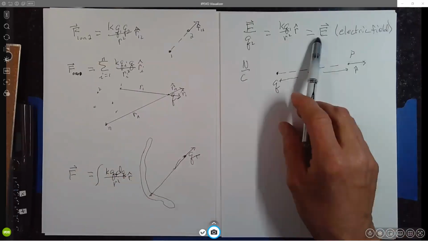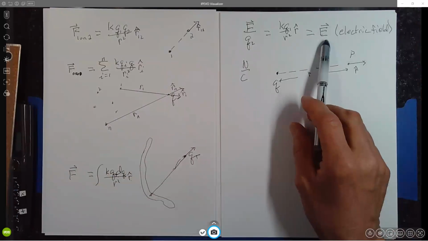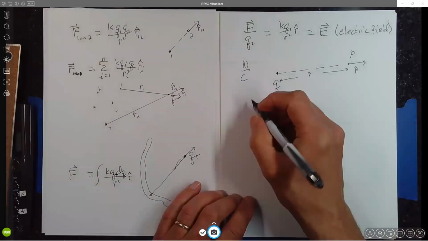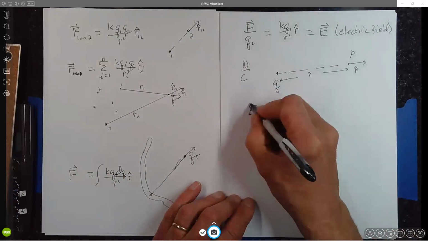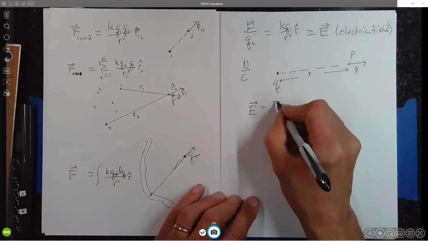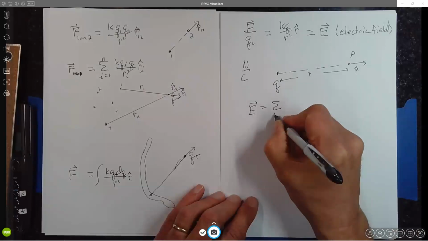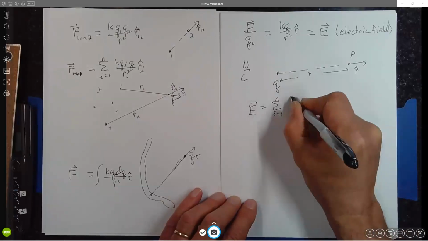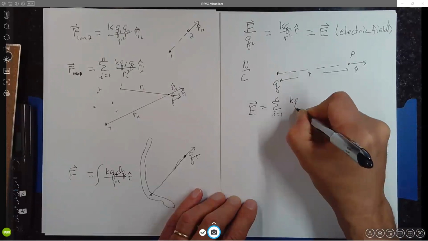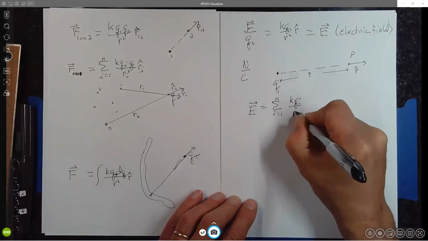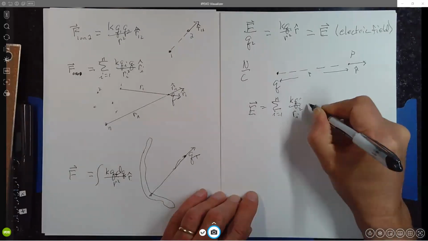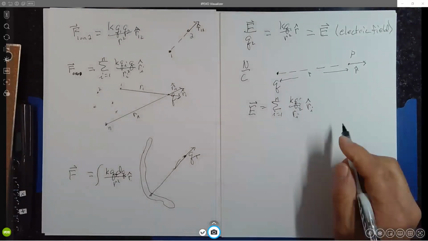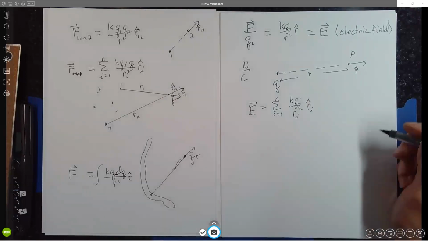So this is the electric field for a single charge. For multiple charges, the electric field would look like a sum. You'll have the sum from i equals 1 to however many charges you have, k q sub i over r sub i squared, and with each one of those there would be a unit vector pointing away from the charge to the field point.